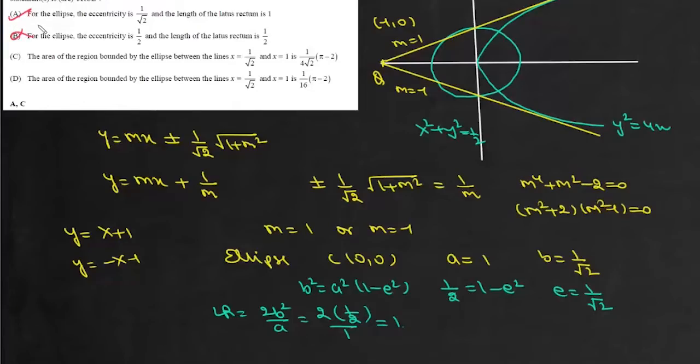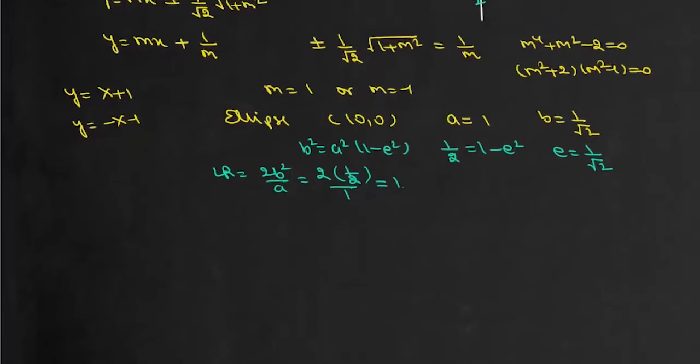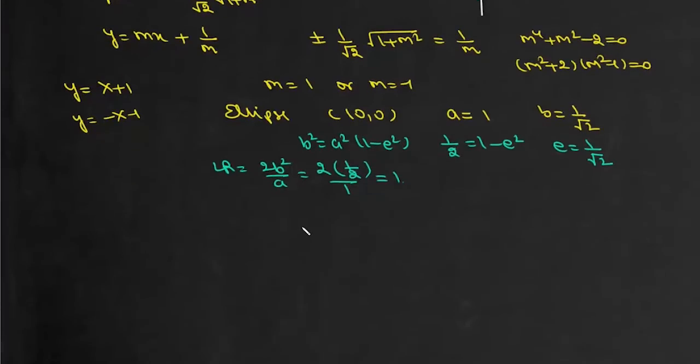C is area of region bounded by ellipse between the lines x equals 1 by root 2 and x equal to 1. So here we are talking about this ellipse. Its center at origin, focus at 1 by root 2 comma 0 and this point is 1 comma 0.